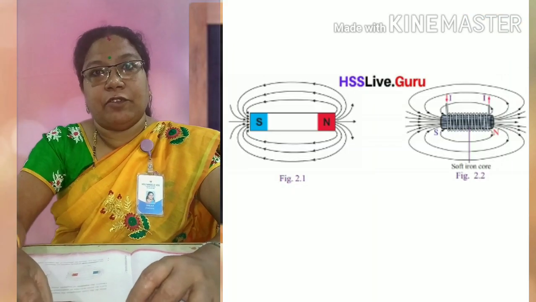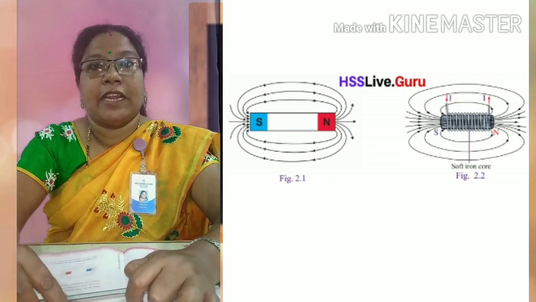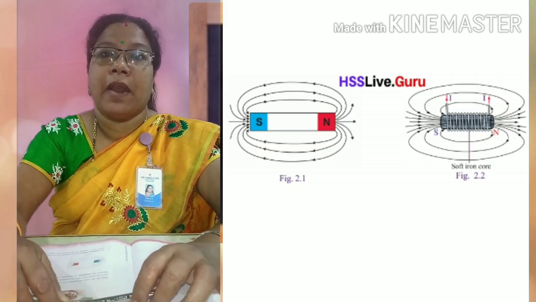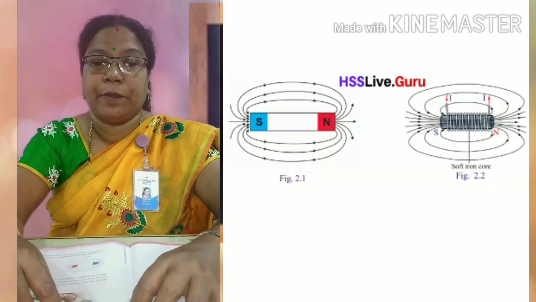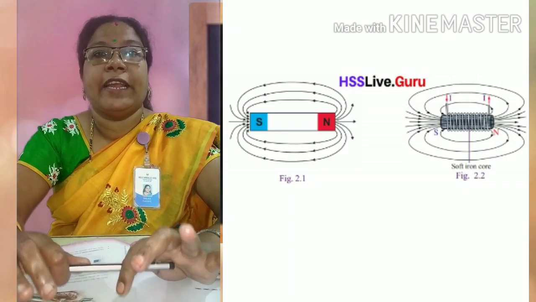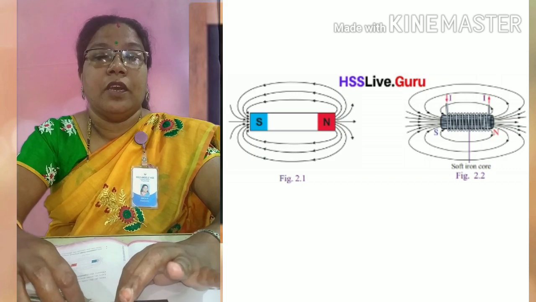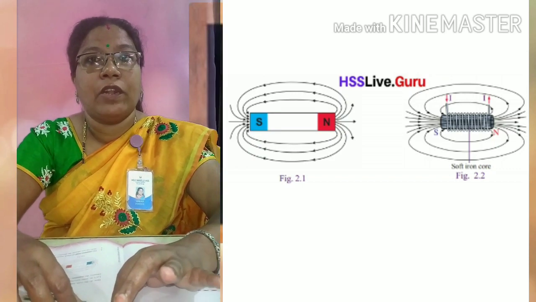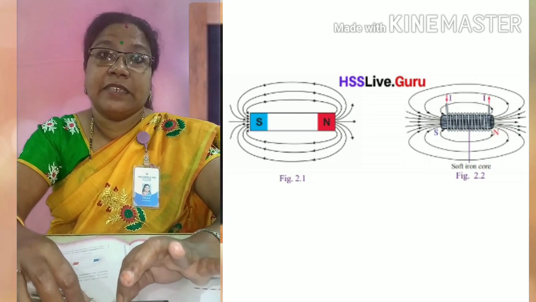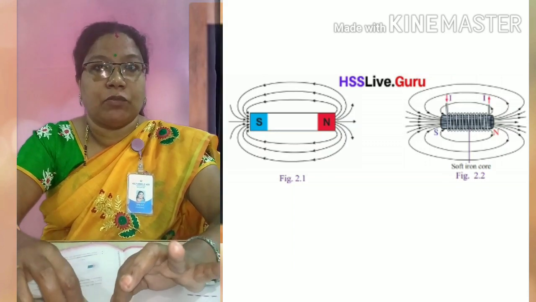In the picture that you see on the screen, it is clear about the magnetic flux lines around a bar magnet and that of a solenoid. See, the magnetic field is felt along the magnetic flux lines that you have studied in 8th standard. So the magnetic flux around a bar magnet starts from the north pole and ends in the south pole.